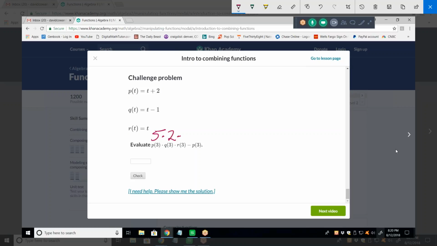And what is R of 3? R of 3 would be 3. And then it's subtracting P of, is that P of 3 or P of 0.3? I can't tell with a piece of dirt on my screen. Yeah, it's P of 3. What's P of 3 again? P of 3 is 5. Okay. What's all that equal to?